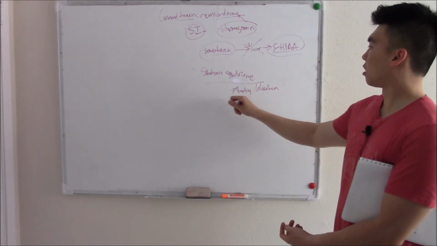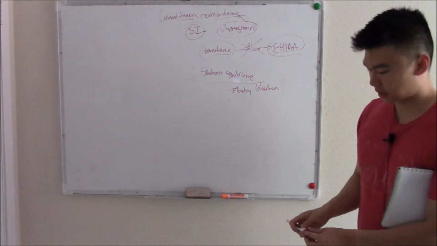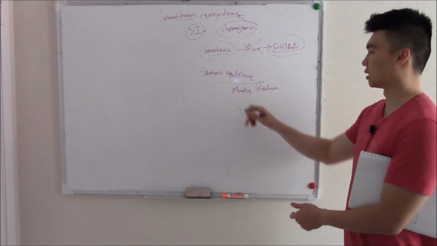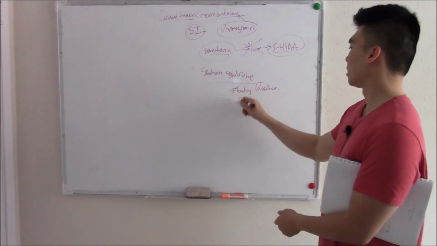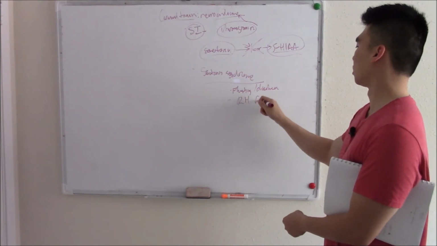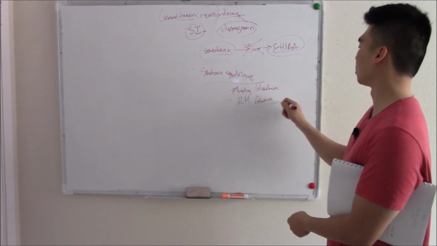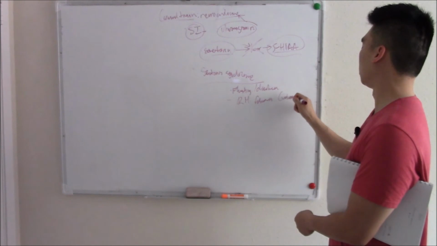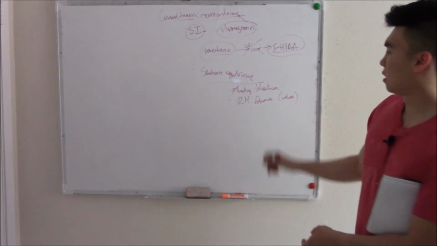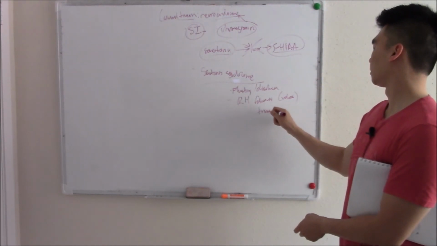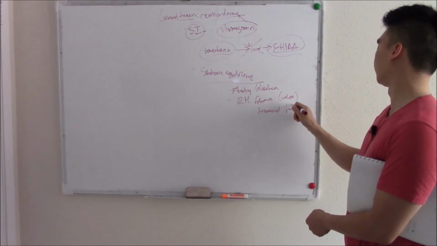What you also need to know, which is commonly tested because they pick a lot of students off because they don't know this, is it causes right heart fibrosis, especially fibrosis of your valves. What are the valves of your right heart? That'd be your tricuspid, pulmonary.